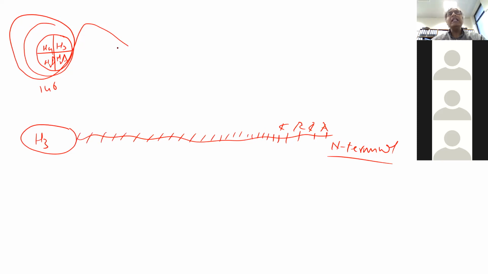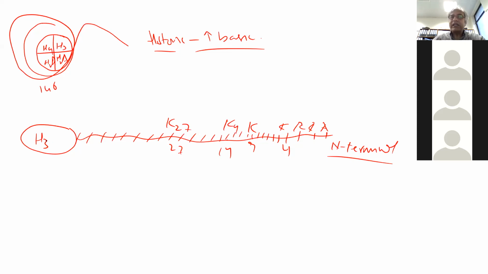These proteins, the histones, are highly basic in nature. They contain basic amino acids. These amino acids, for example, lysine at position 4, lysine at position 9, lysine at position 27, lysine at position 14 in histone H3.